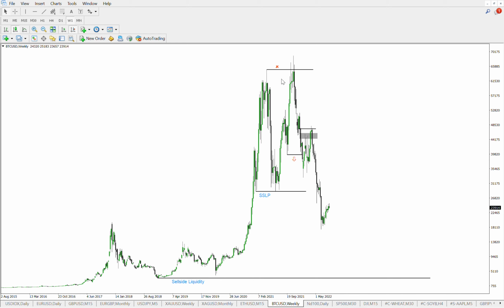If we look at the start of this big down move here, we have a raid on the buy side liquidity pool resting here. Price comes up, sweeps the high, we reject, and then price takes out this swing low. So this is a market structure shift.